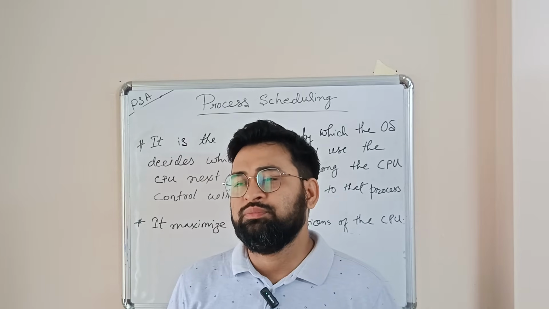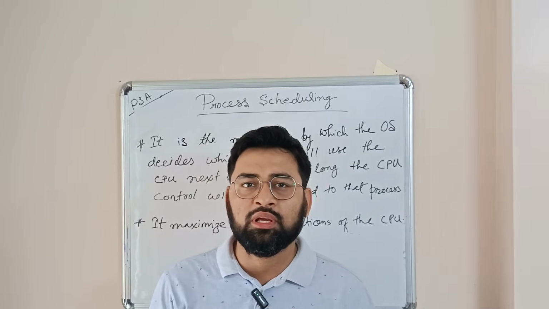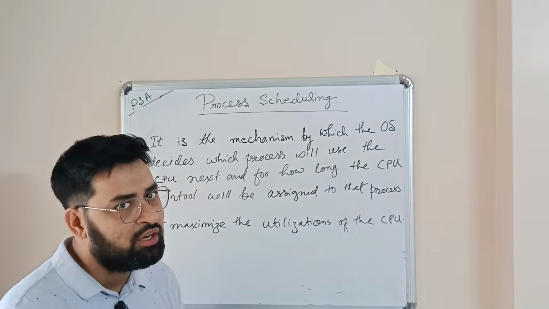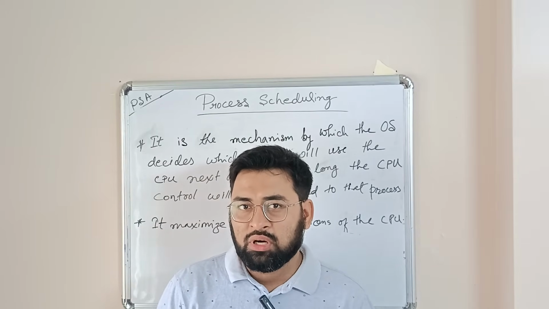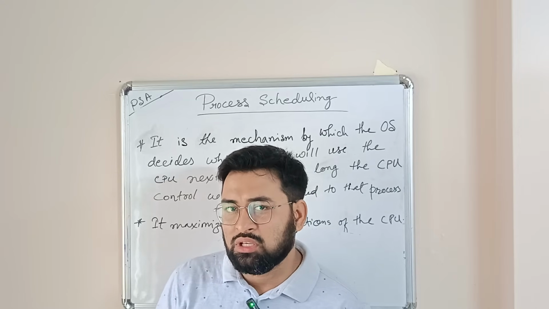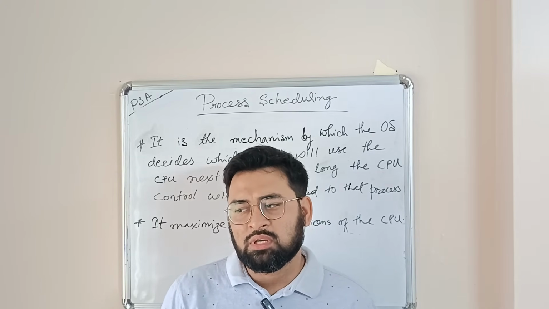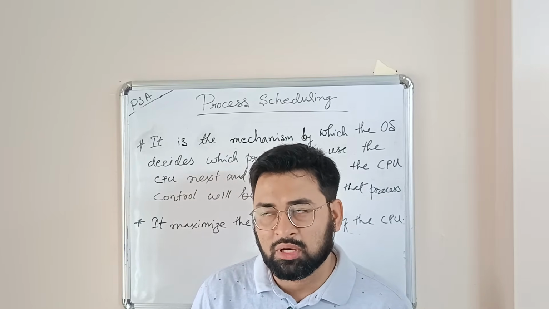Let's have an example. When you turn on the system, multiple applications are there in your system, residing in the secondary memory. That means it is in the new state, but you are not opening every application when you turn on the system. Some applications are turned on, but some remain in the secondary memory.